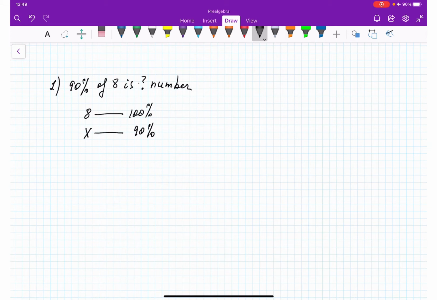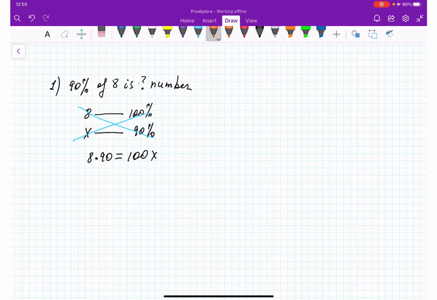And what is interesting about proportion is that we can do cross multiplication, which means 8 times 90 is equal to x times 100, or 100x. Okay, we need to find the x.